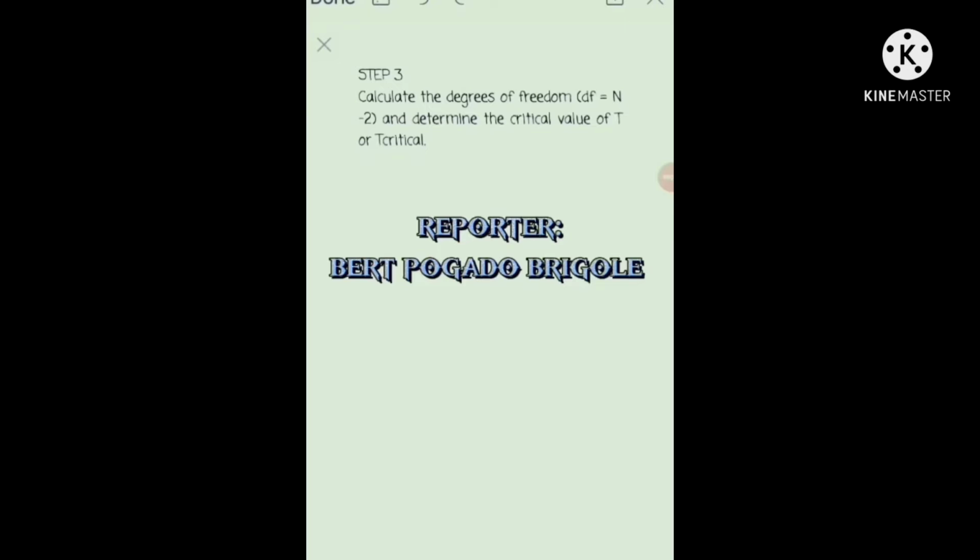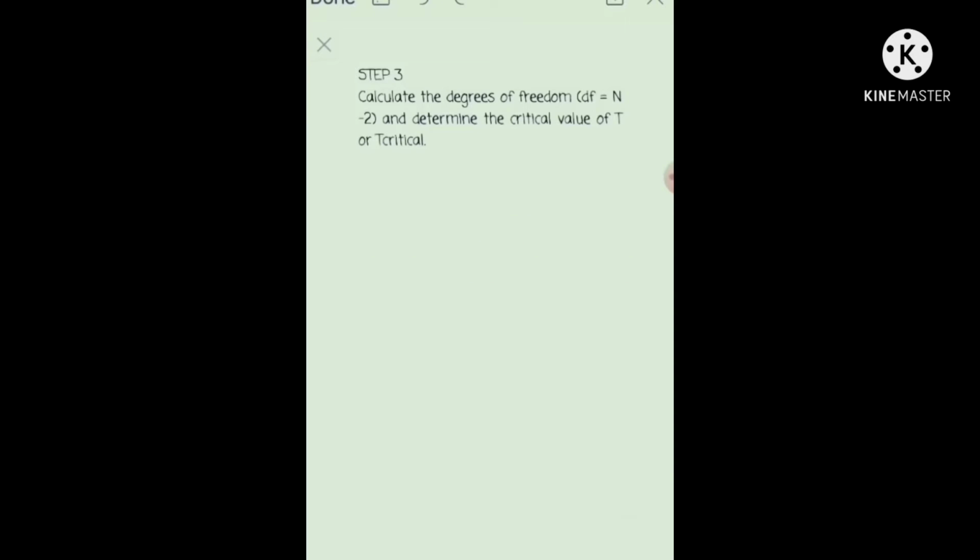Step 3. Calculate the degrees of freedom. df equals n minus 2. The value of n is 5 minus 2 equals 3. So first we get the df. Now determine the critical value of t, or t critical. How do we get the t critical?